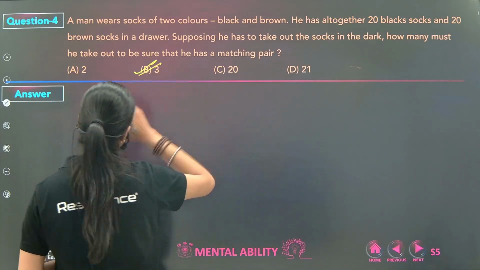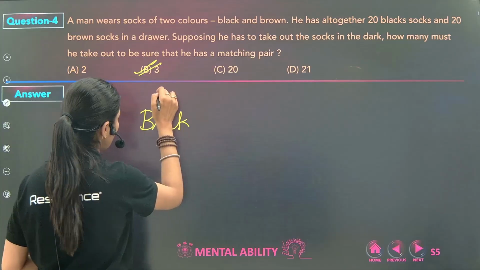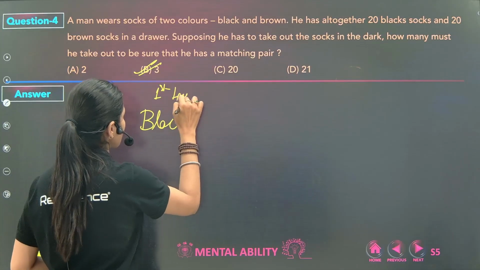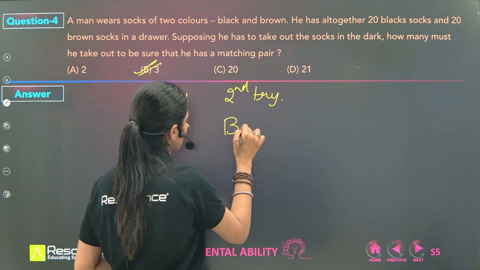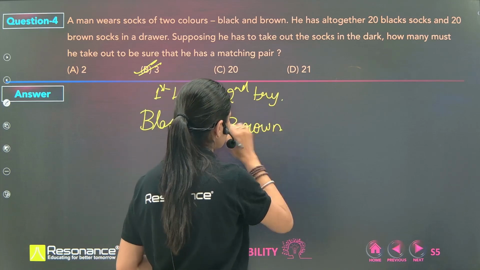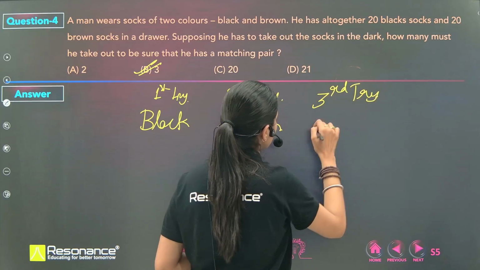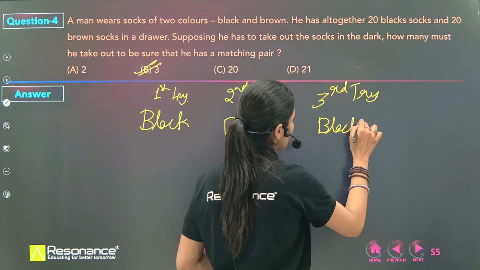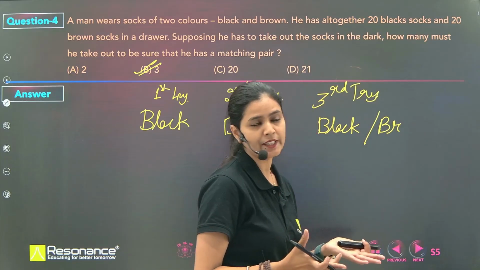It will be 3. The first try is black, the second try, let us suppose, is brown, and in the third try he will get either black or brown, because there is no other color.